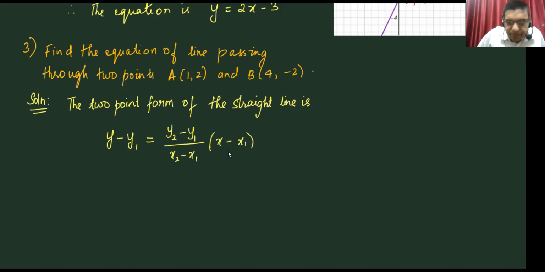So substitute and tell me the answer. You take x1, y1 as 1, 2 and x2, y2 as 4, -2. Just substitute, tell me the answer.